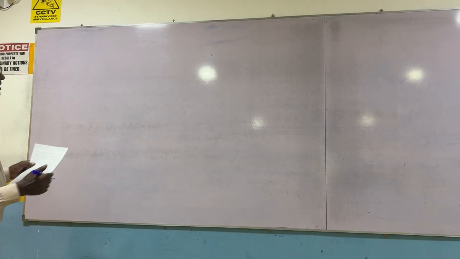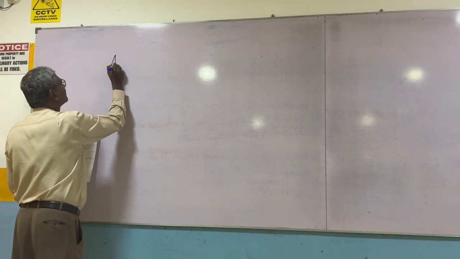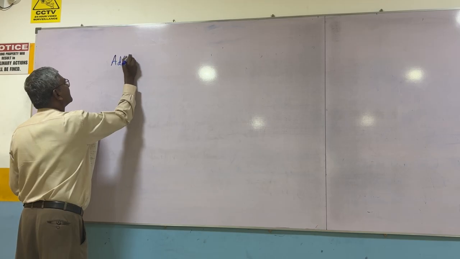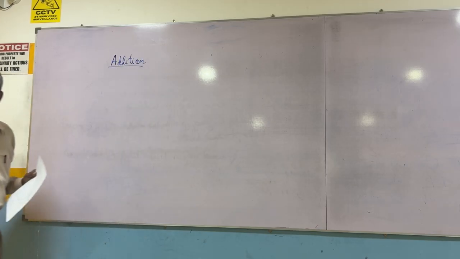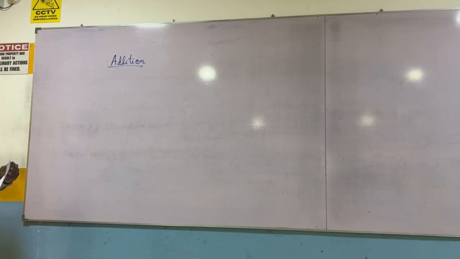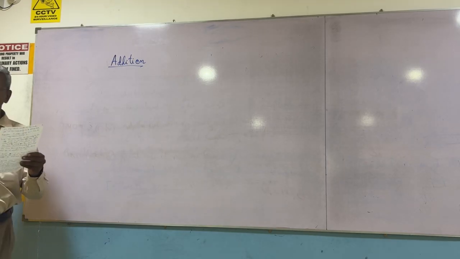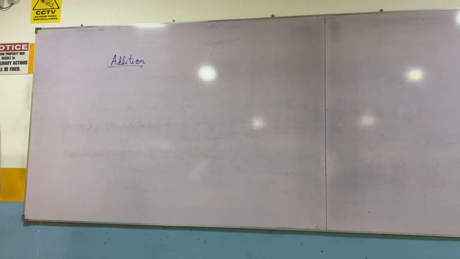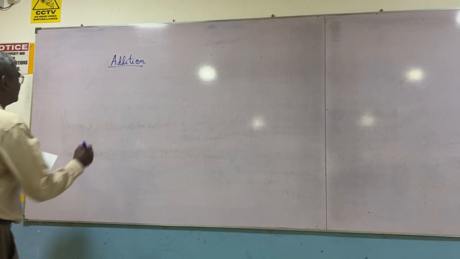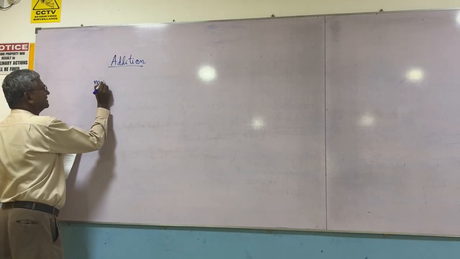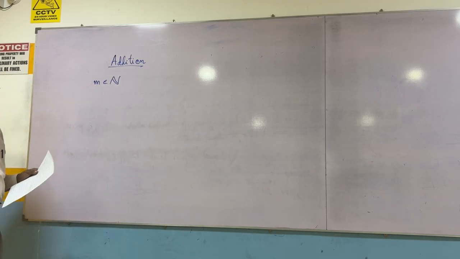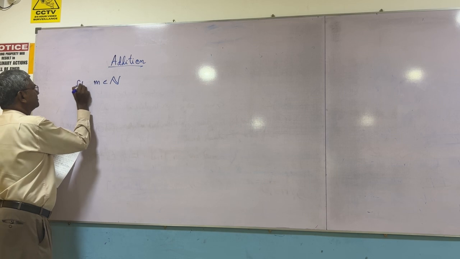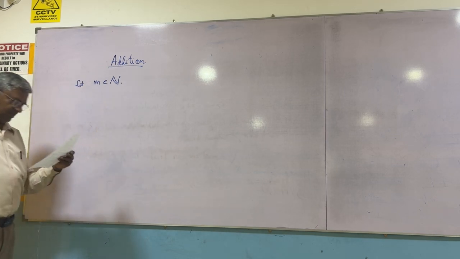Now we are going to talk about addition. Only addition, no subtraction, so you need to be careful. Definition: addition of natural numbers. Let m belong to N, that means let m be a natural number.